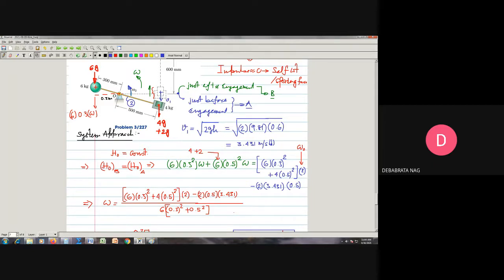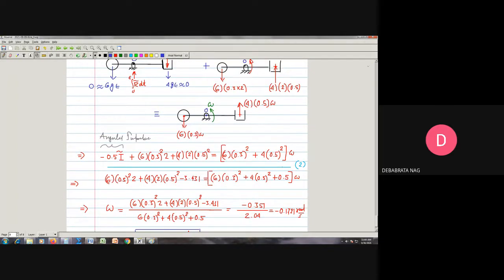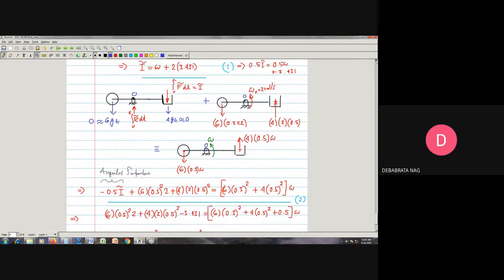So you can solve any problem by the system approach, but sometimes it may be confusing. In that case, although the particle approach takes a little longer because it's an elaborate process, definitely it is error free.